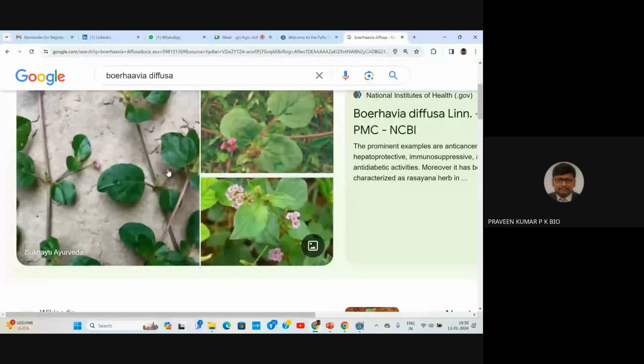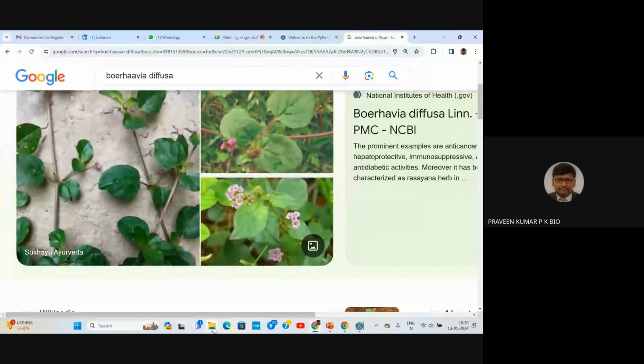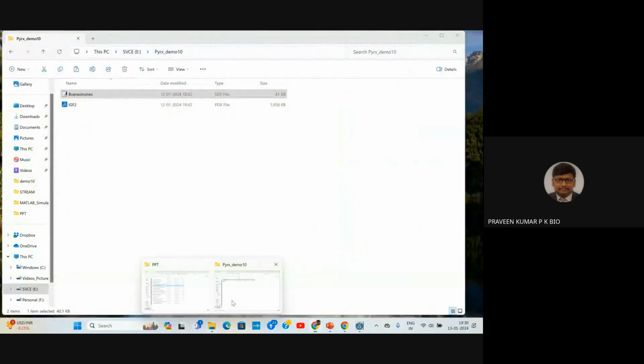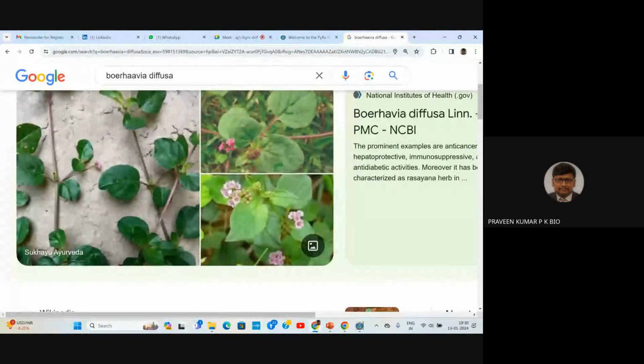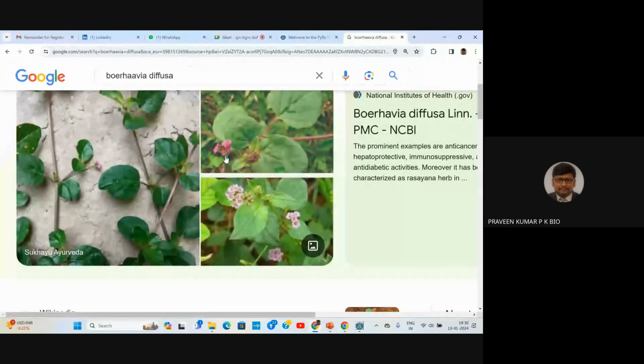So this is very effective in treating urinary infection and removing kidney stones. But in our present hands-on experience, I'm going to try with the insulin growth factor receptor. Of course, this plant is well known to be taken by diabetic patients, and it can treat diabetic patients reasonably well.